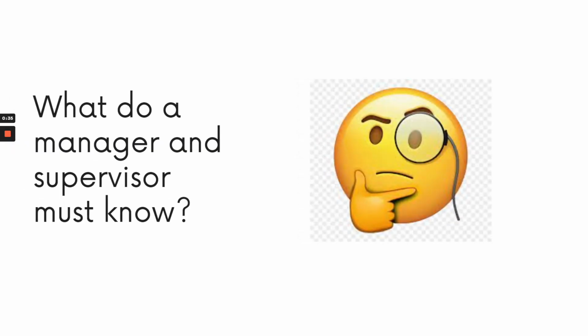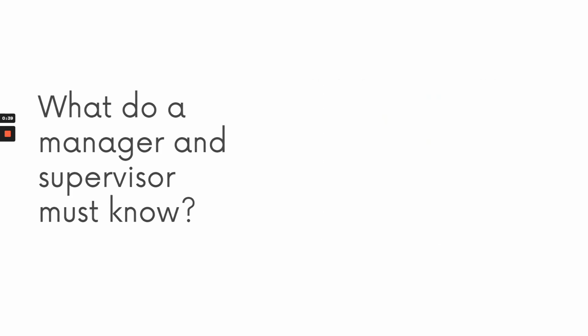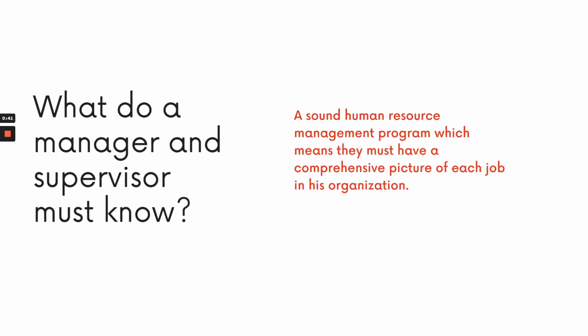Okay, so what must a manager and supervisor know? The supervisor and manager must have a sound human resource management program, which means they must have a comprehensive picture of each job in their organization.